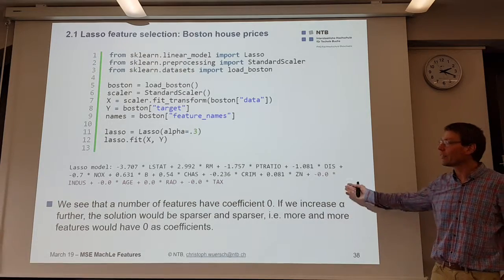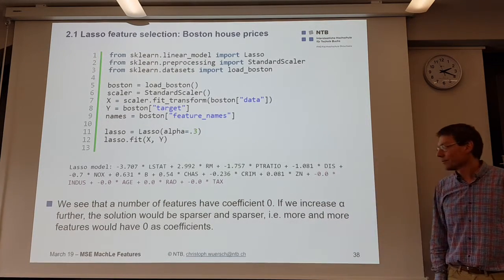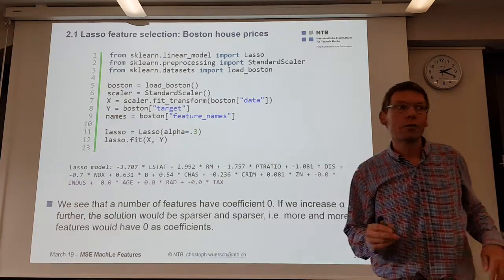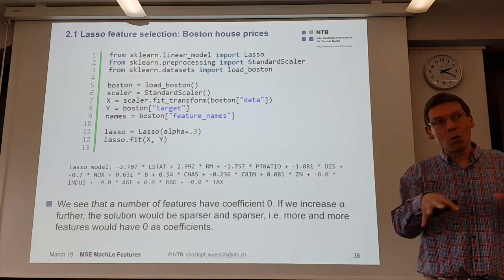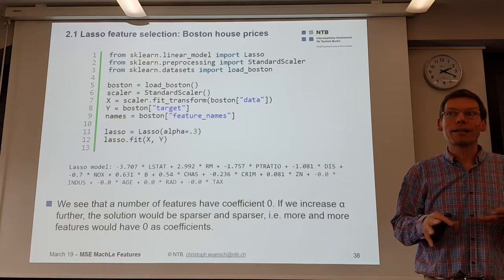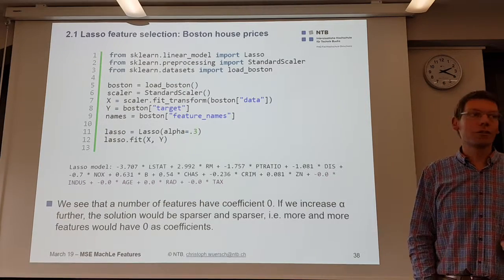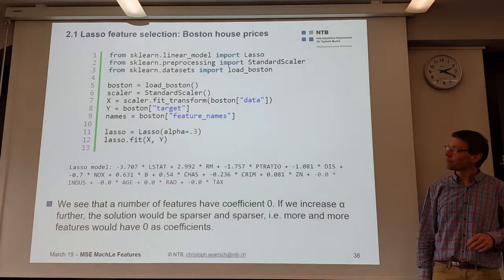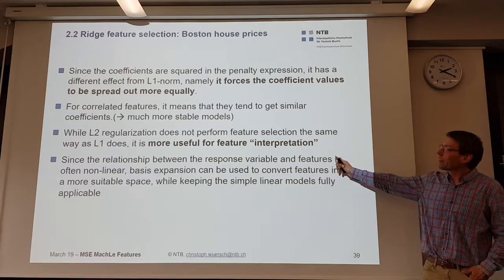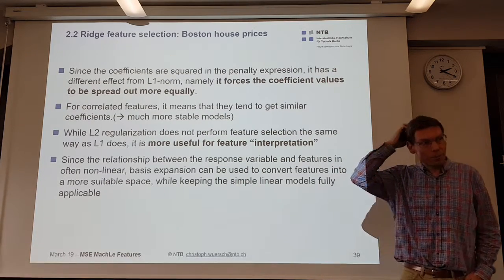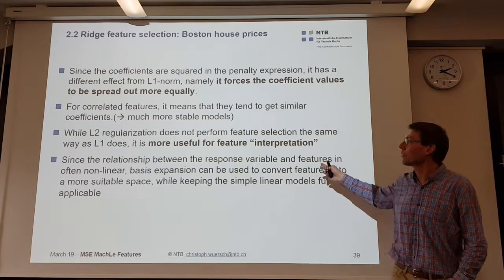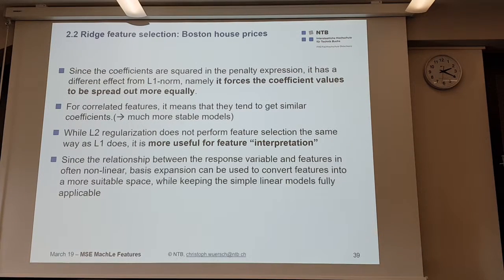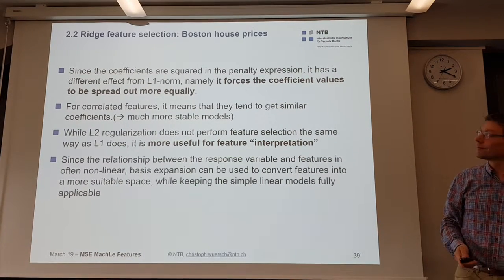This also gives an indication that they're not really important. And you wouldn't get this by a ridge regression with an L2 norm, because this makes an average over all these features. It's more of an averaging weighting of all the features rather than selecting features, and L1 selects. So L2, I would say, is probably more important for feature interpretation, and the L1 norm for regularization is more useful for feature selection. That's it.